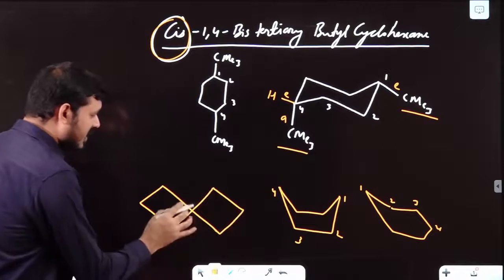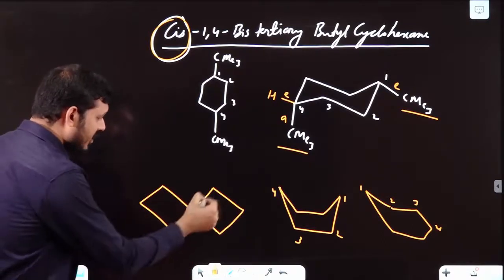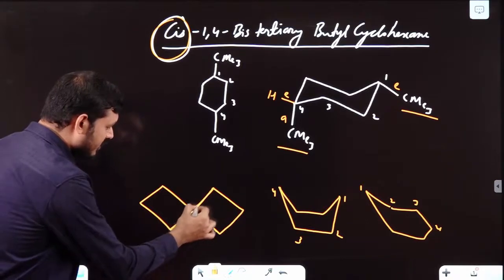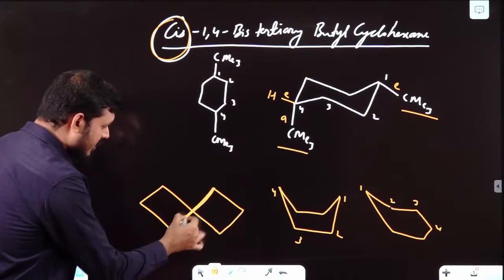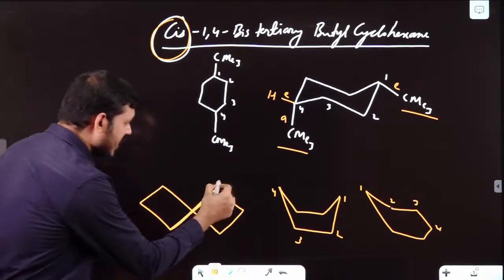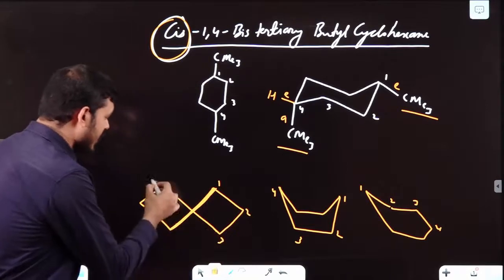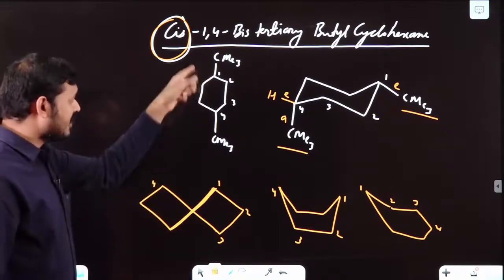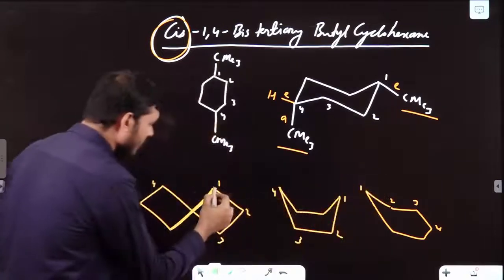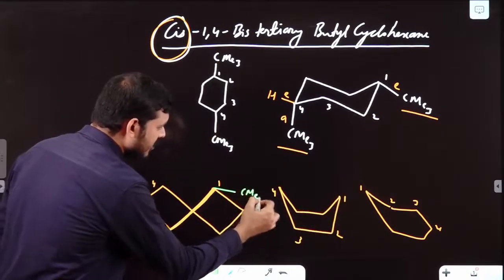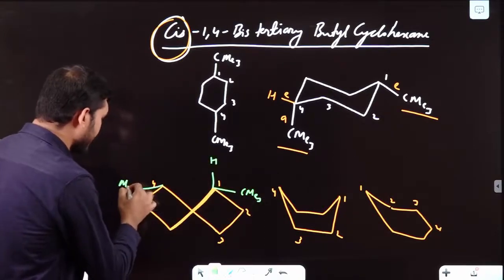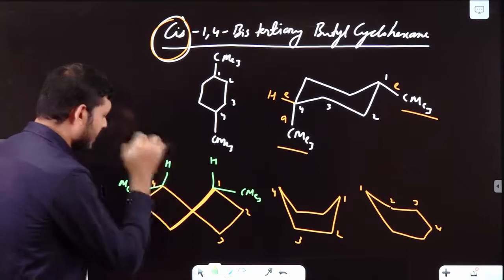if you remember this in the 3D diagram, remember this part is towards us. Okay, you remember this part is towards you, towards us in 3 dimensions. Now if you see 1, 2, 3, then this is 4. As we have this on the same side, if I make this CMe3 downside and hydrogen upside, here also it will be this side, CMe3 downside and hydrogen like this.